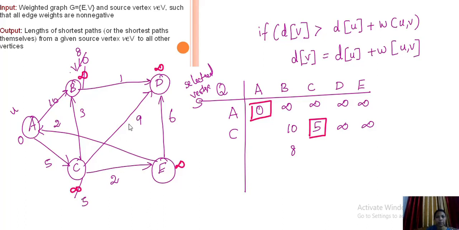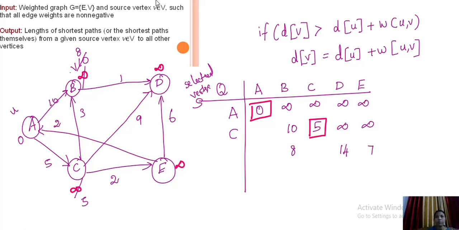So 5 plus 9 is 14, which is less than infinity, so the infinity is replaced with 14. Then from C to E, the distance of C is 5 plus the weight 2, so 5 plus 2 is 7, which is less than infinity, so the infinity is changed to 7.